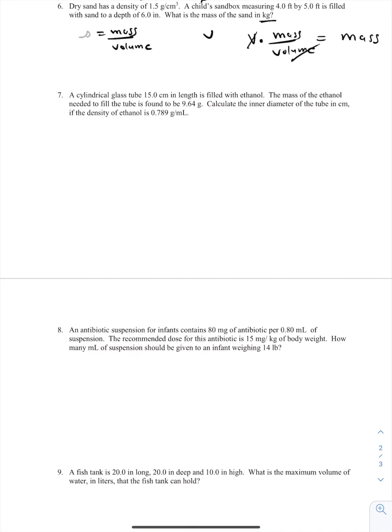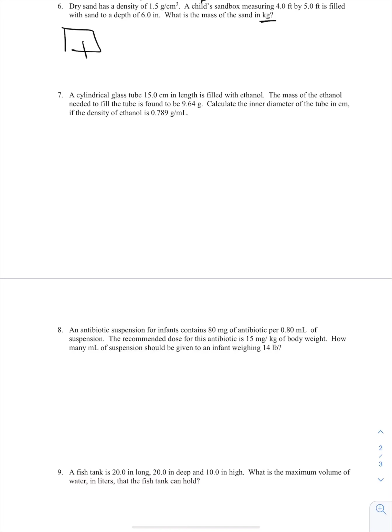So we ask ourselves, how can we find the volume of this sandbox? Well, it turns out that we have the measurements, and it's a box. If we draw a box, the dimensions that make up this box are a length, a width, and a depth or a height.